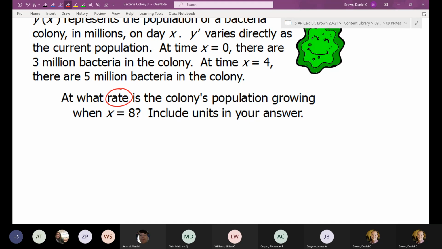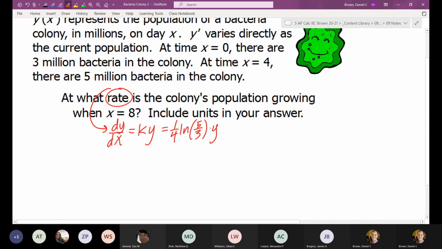So it's at what rate? It is asking for a derivative. We know that a derivative is a rate. Well, what is dy/dx? dy/dx is k times y. Well, we already found k. What was that k? k was 1/4 natural log of 5/3, times y.